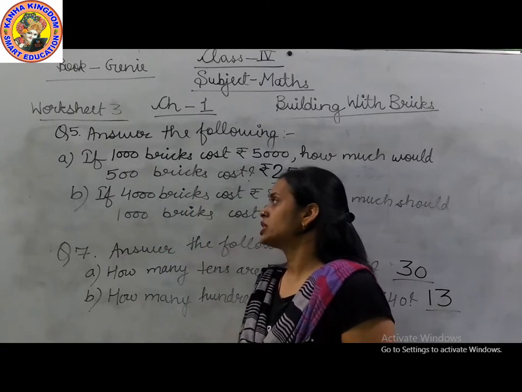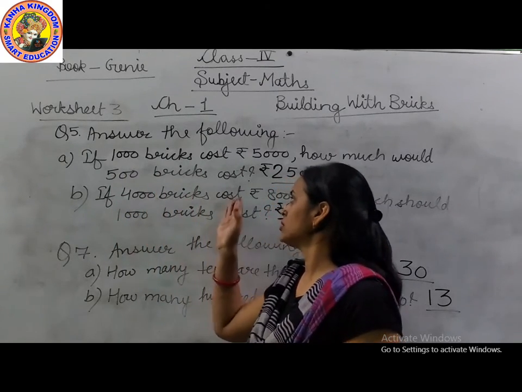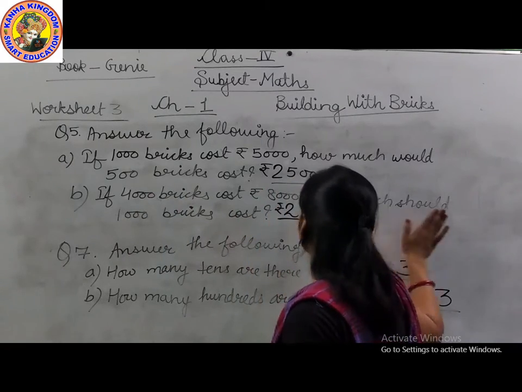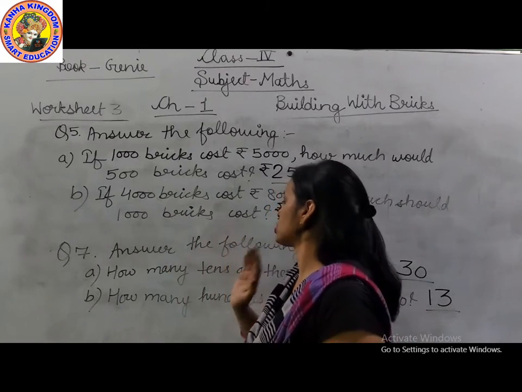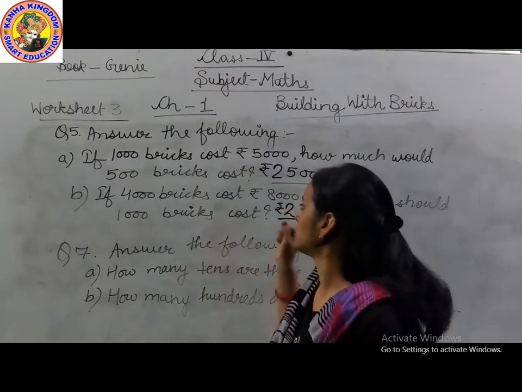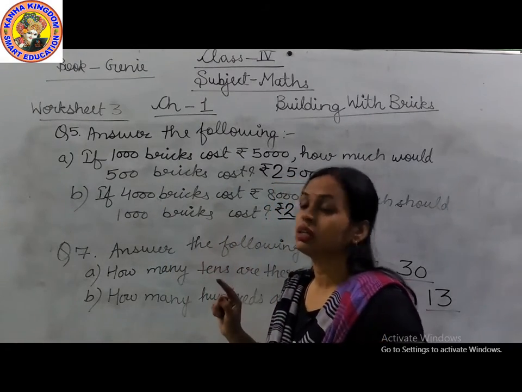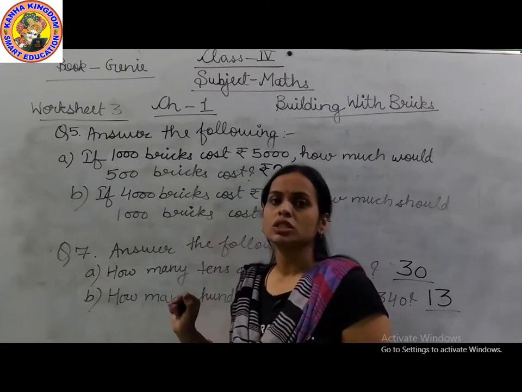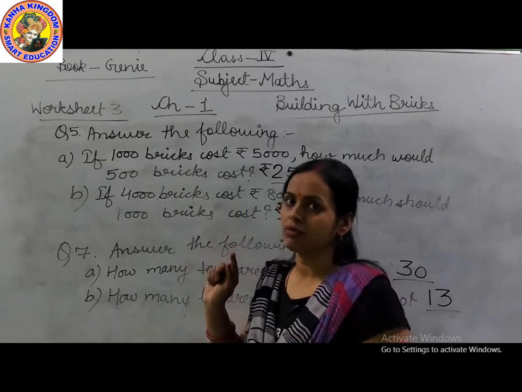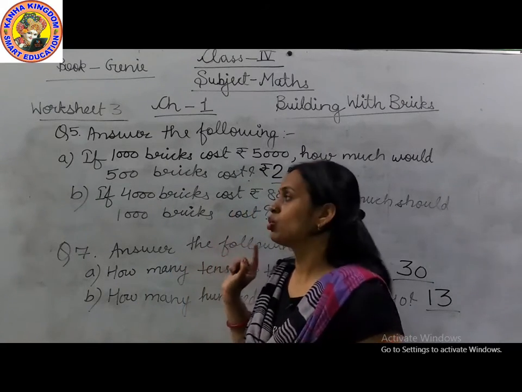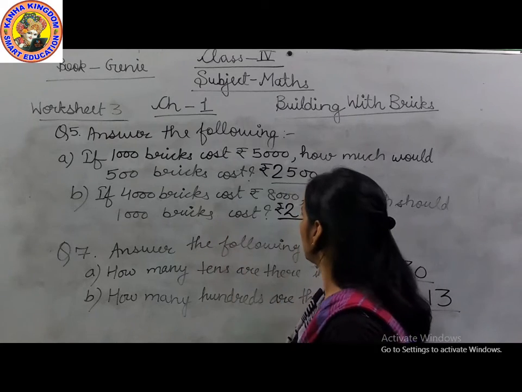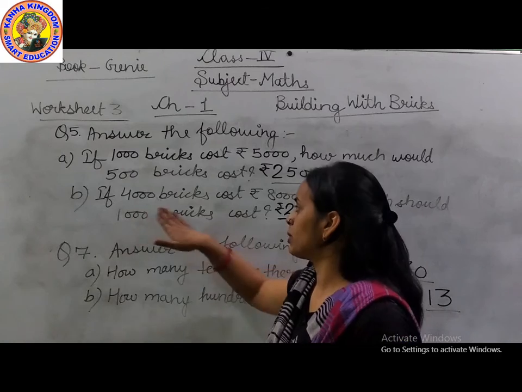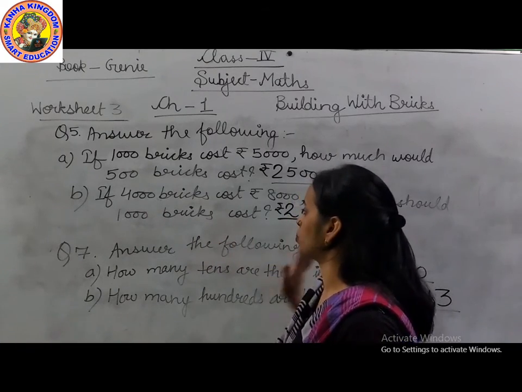Now next question is, if 4,000 bricks cost rupees 8,000, how much should 1,000 bricks cost? 2,000 multiplied by 4 equals 8,000. So the cost of 1,000 bricks is 2,000 rupees.